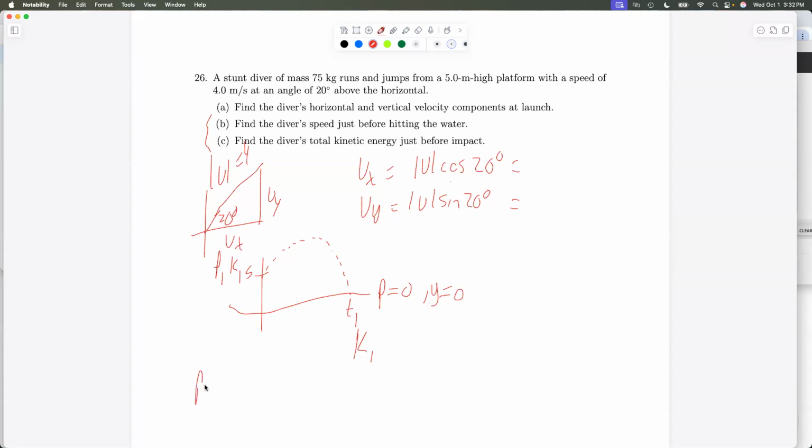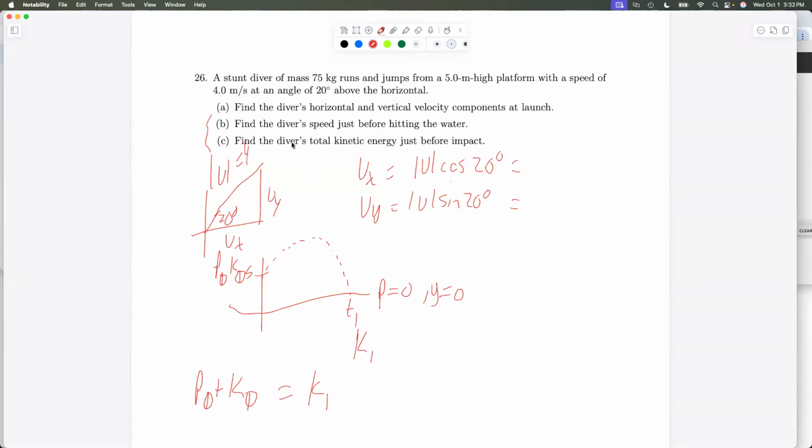Then my P1 plus K1, which only depends on speed, doesn't care about the angle. Oh, okay, I guess let's call these zeros if I already called that one 1. P0 plus K0 all gets transferred into K1.